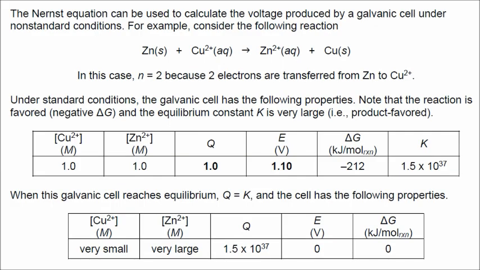Here we have delta G of negative 212, that rather large K of 1.5 times 10 to the 37, and a voltage of 1.1 volts. Eventually, when this cell becomes dead, Q becomes extremely large, and the cell potential and the delta G drop to 0.